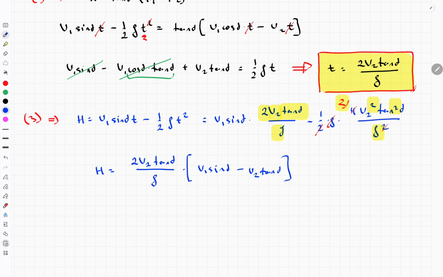Okay. Yeah, this is the final answer. We can also take sine out of the bracket, I think, but let's keep it like this. So this is the final answer for the height of the duck.